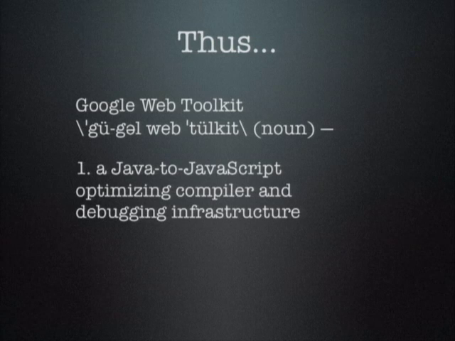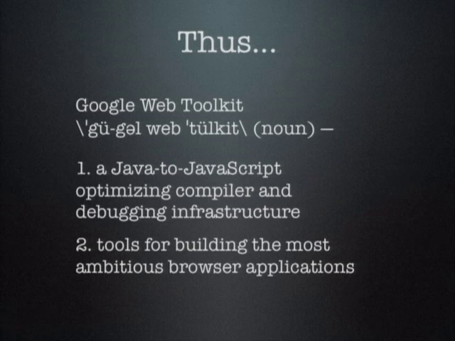But there's also debugging infrastructure so that you can not just cross-compile from source, but actually debug in Java in a high-level environment like Eclipse. I'm going to demo that in a moment. And then at a high level, what drives us as a team is to give developers the tools to build the most ambitious of browser applications. Because at the end of the day, there's a lot of ways to create average applications.